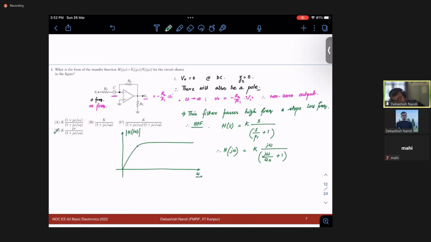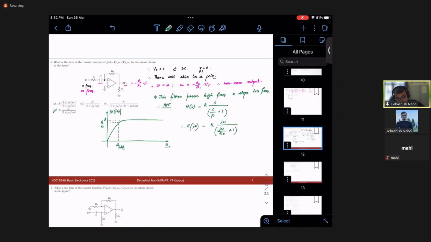At this location where you have 3 dB less power, let's say this is A, so this will be A by root 2, so this will be your omega 3 dB, right? Just by looking at the circuit, you can tell how the transfer function will look. But I will do the rigorous analysis also to see whether I was right.